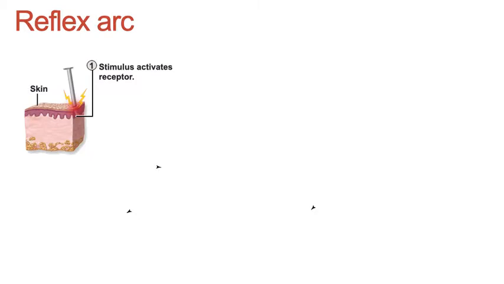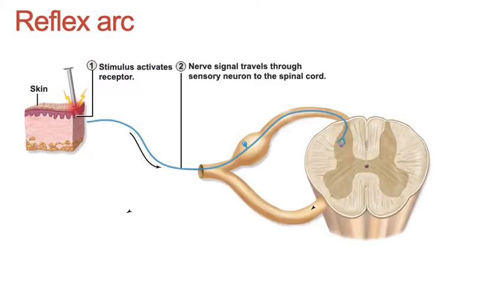Those receptors, typically pain receptors, are sensitive to physical or chemical changes, and that is going to activate the sensory neuron. The result is that a nerve signal is going to travel down the sensory neuron to the spinal cord.